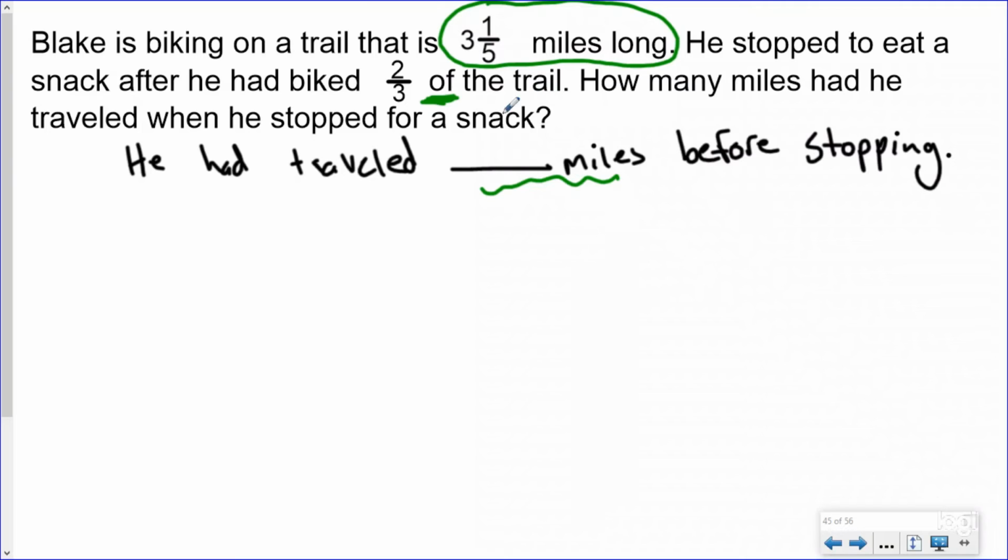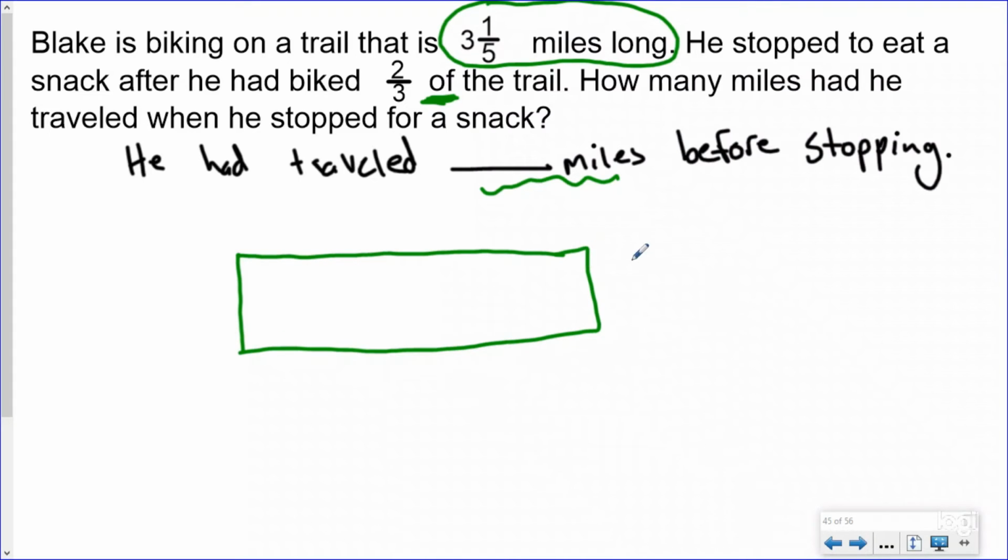So I'm going to develop my plan by drawing my tape diagram, my fraction tape diagram. And I know the total of my whole trail was 3 1/5, and Blake had traveled 2/3 of it. So Blake had traveled these 2/3, and then I would say that this is what is left over.